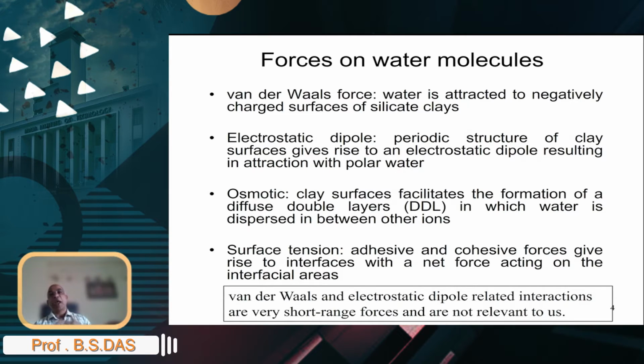The stacks of kaolinite would have this characteristic periodicity of alumina octahedra, silica tetrahedra, and again alumina octahedra. That periodic structure also gives rise to an electrostatic dipole effect, for the polar water to be attracted to the clay surfaces.